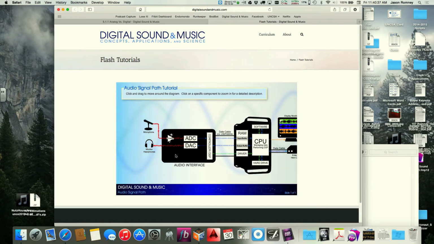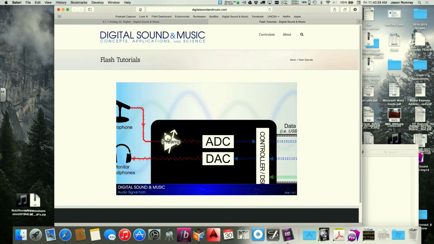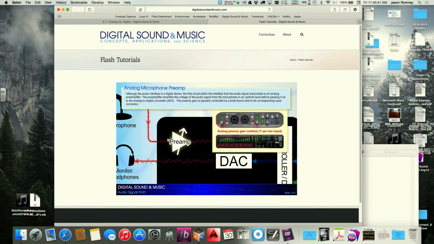And the first thing it's going to encounter is this thing called a preamplifier. And this is, again, not a new thing. Preamplifiers have been around as long as microphones have been around. But the idea there is you're trying to increase that voltage level. You want to get that voltage as hot as you can get it before you ask the computer to digitize it.